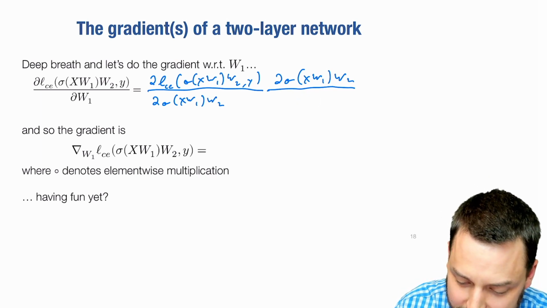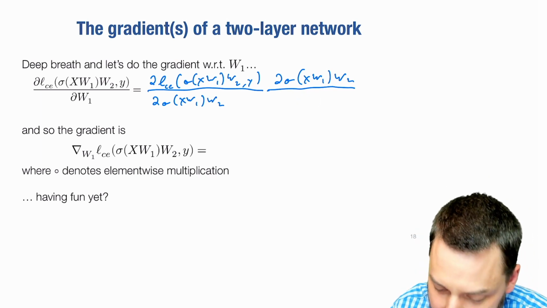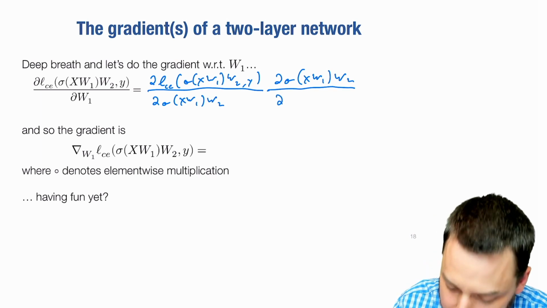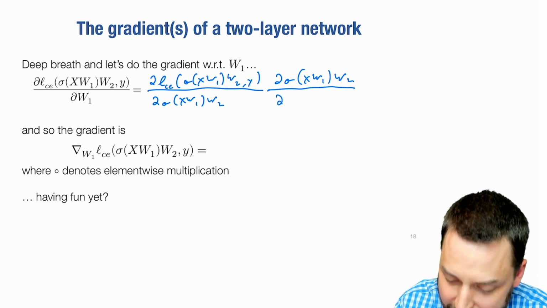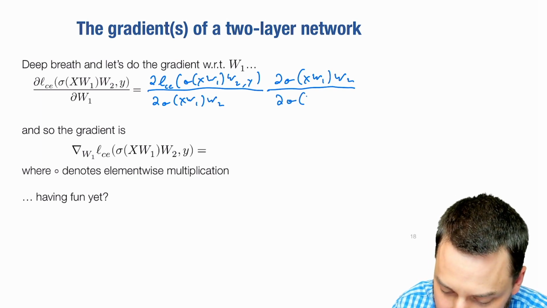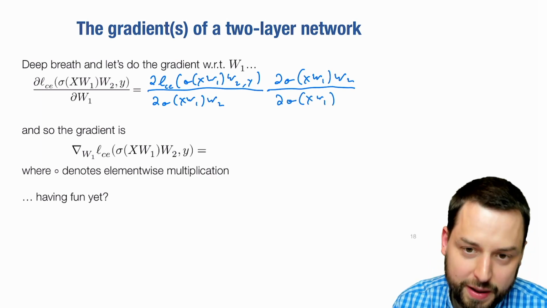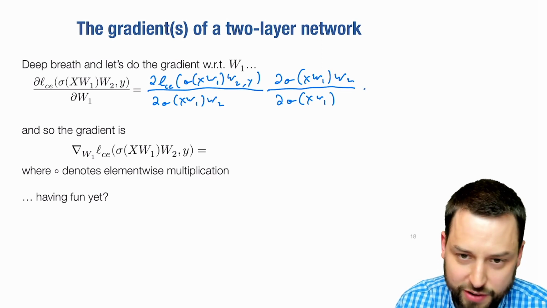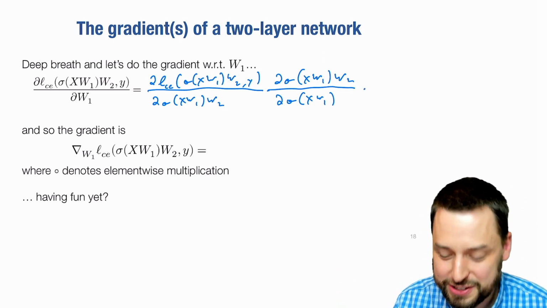And so this thing is going to be times the derivative of sigma x w1, w2, partial sigma x w1. That's a term that depends on x1. And I'll just finish out the rest here without breaking down each term individually.